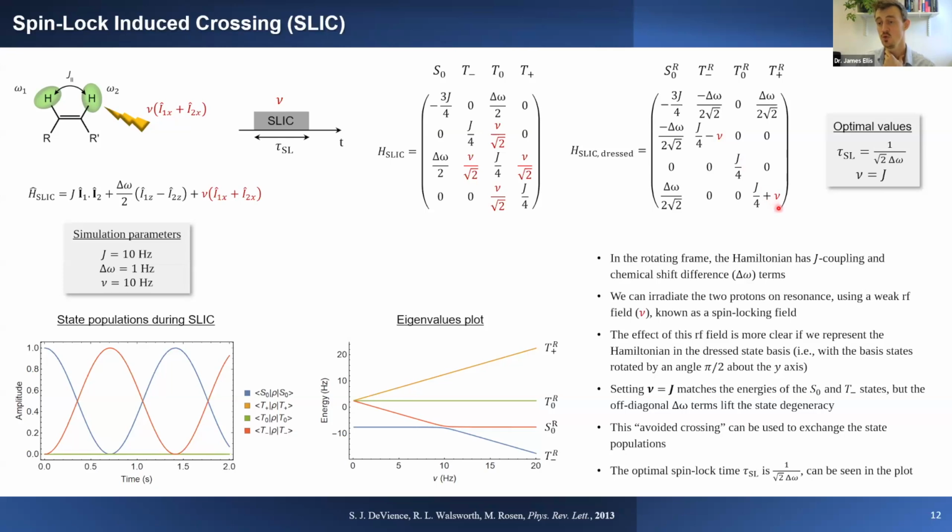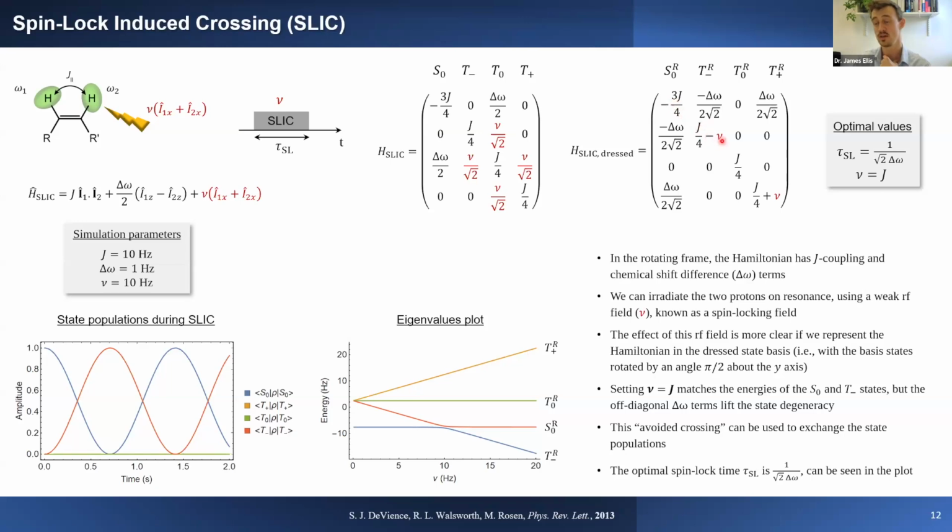By choosing a particular value of nu, in this case setting it equal to the J coupling, you're applying a magnetic field so that the protons are nutating at the J coupling frequency, so a very, very weak magnetic field. We see that we can choose a value of nu so that these diagonal elements, in this case this T minus element, is equal to the S0 element.